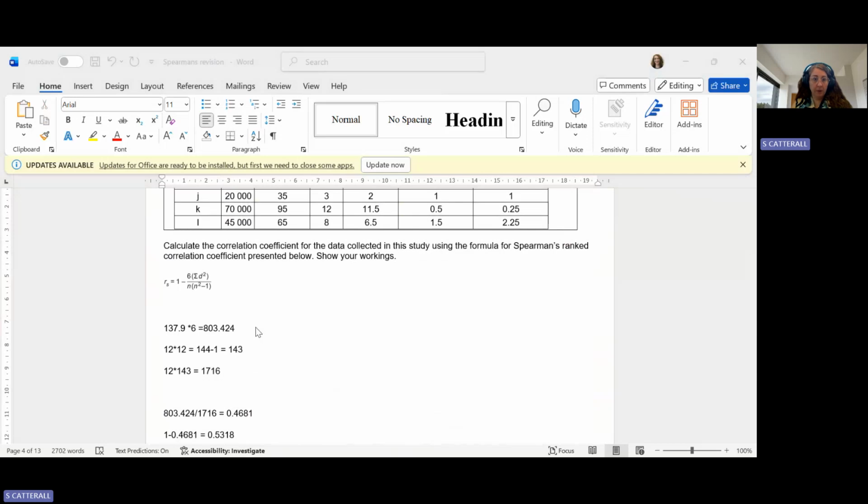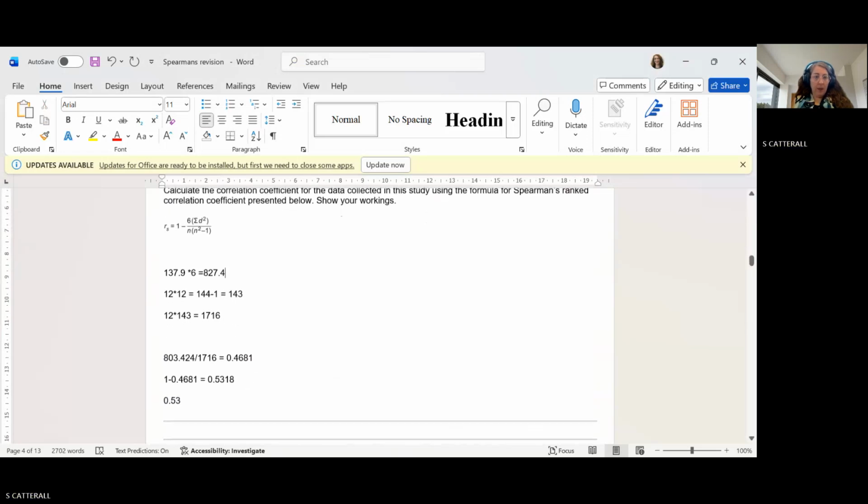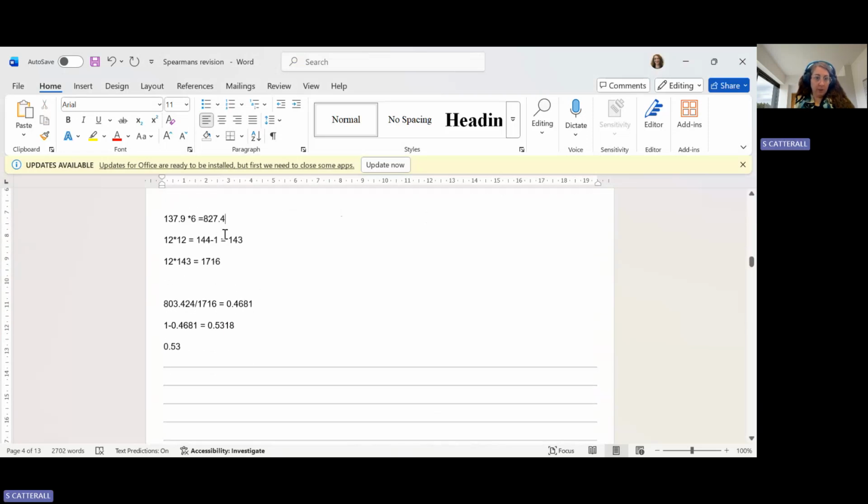So let's times that by 6. That's now 827.4. And then we've still got the same as that. So it's always possible to make a mistake. Let's see. We've got divided by 1716. It's 0.48216.